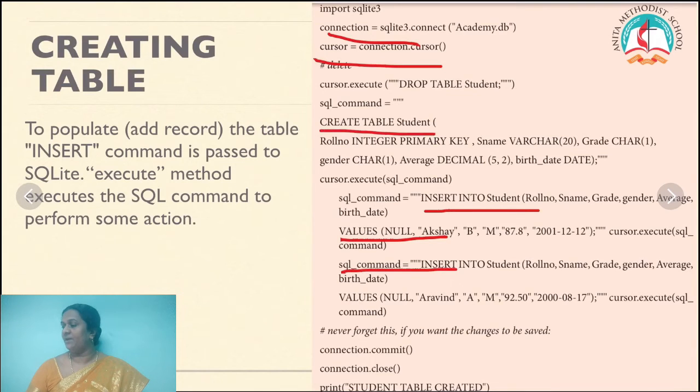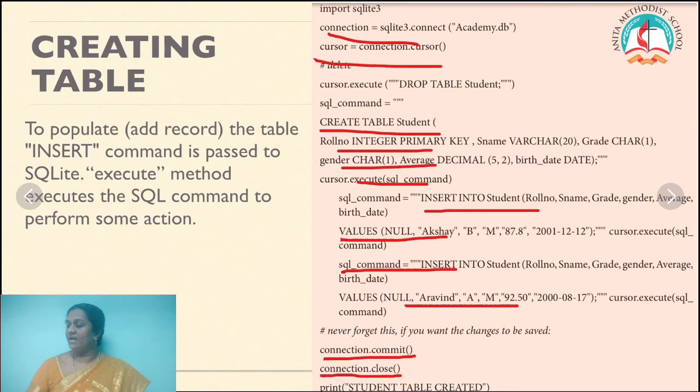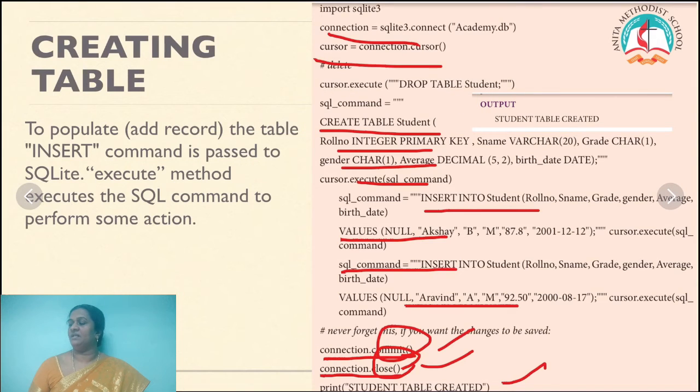Insert into student, which we already saw in the earlier example. Now we are giving all the data, and after that we are also giving the values. And after setting the values, we are giving connection.commit and then close. These are the two important things: commit, and then the next thing is close. So what will happen? A student table will be created. So what is the output now? See here, student table created.